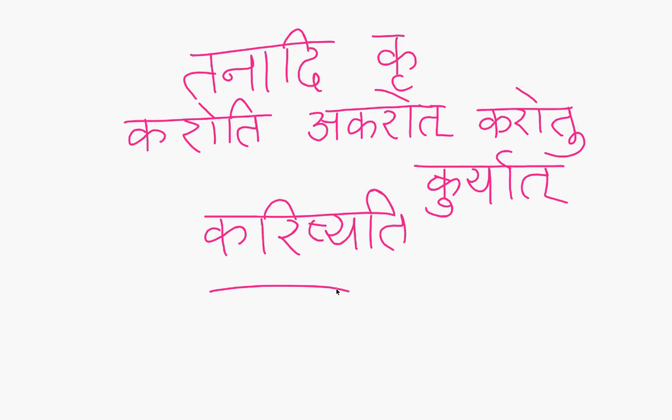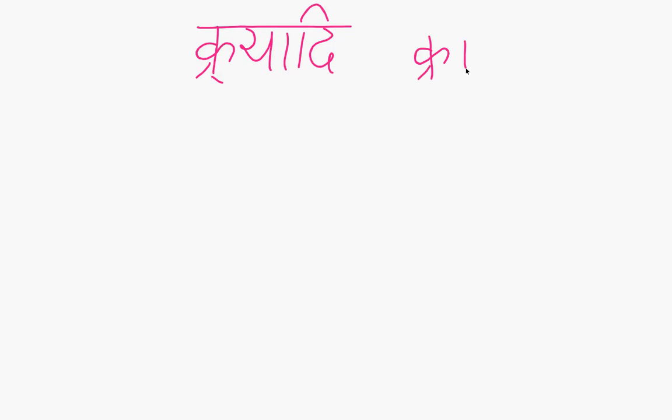Okay, next gana: kriyadi gana. Kri adi gana. The first dhatu is kri here. This we saw before. Kri, krinati, akrinat. What is the form for the kri dhatu in lang lakara?